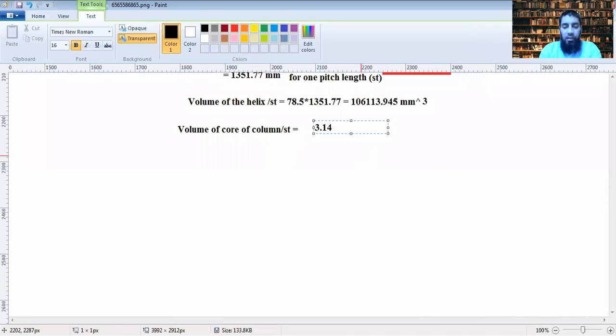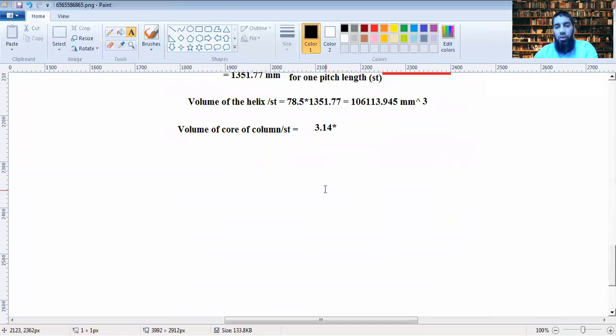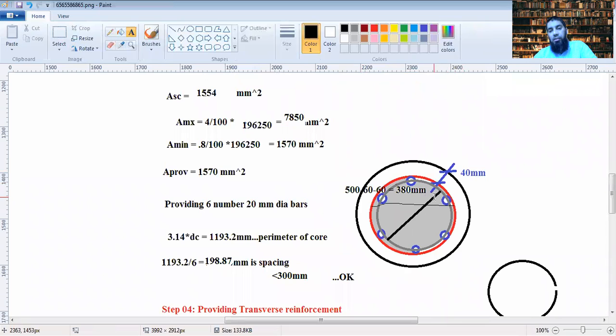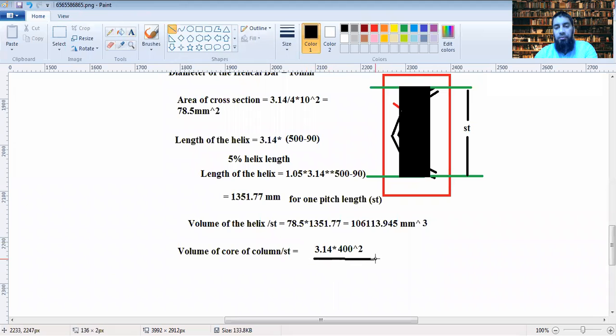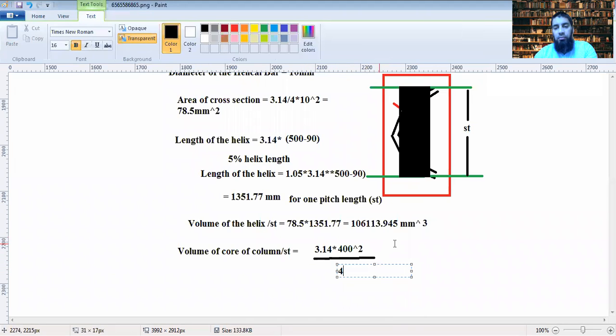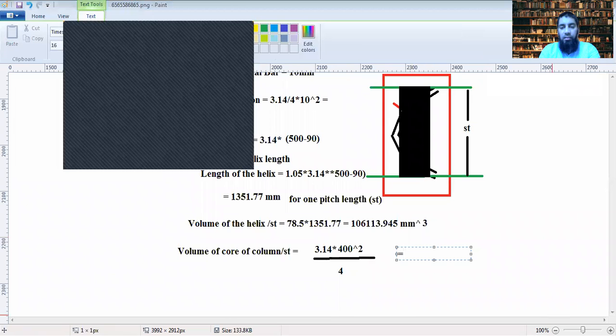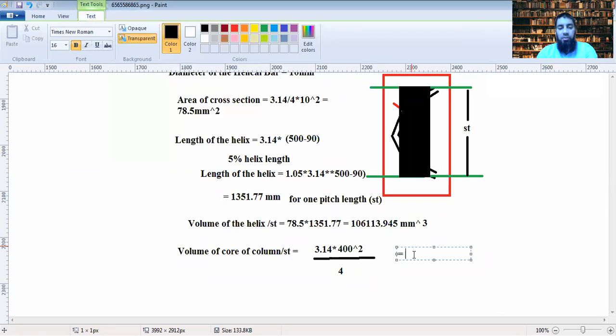So this would be 3.14 into, now how much is d here within this 50 and 50, in this case you have 100, that's 400, divided by 4, this whole divided by 4, 3.14 into this, so this is 125600 mm square.